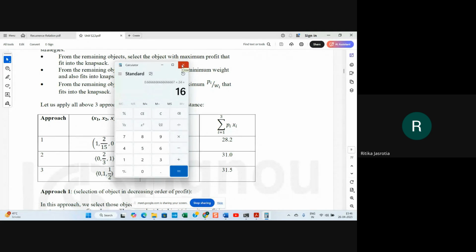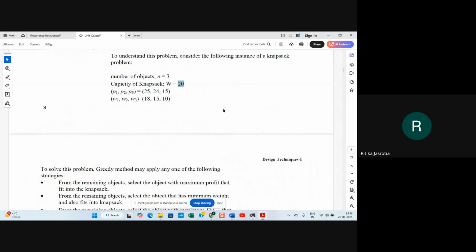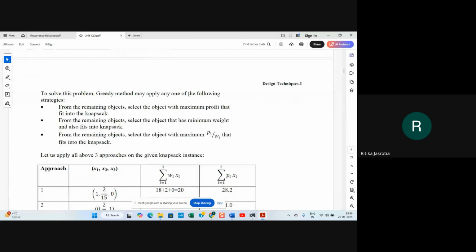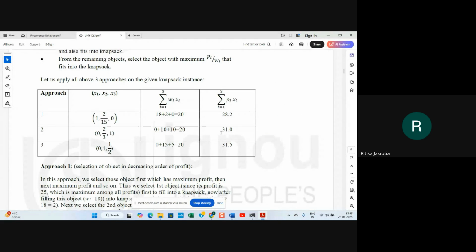So 16 plus 15 is 31, right? So the second option, where we are selecting the minimum weight, is giving us 31 as the solution.